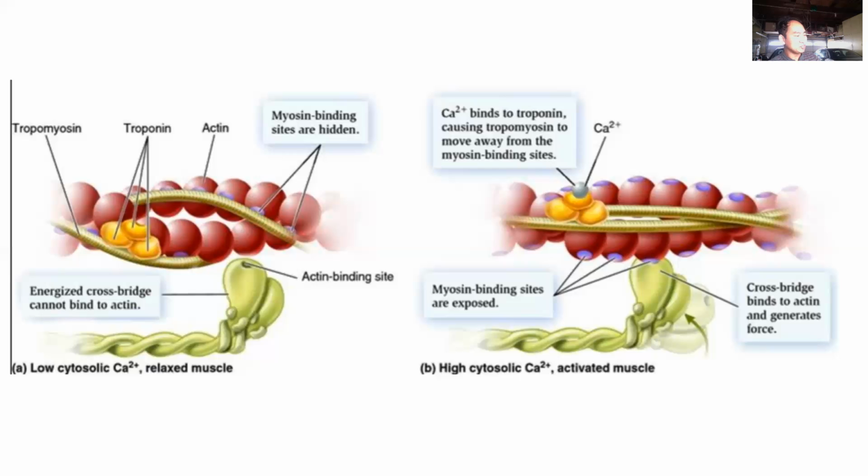By moving, it exposes the myosin binding site on the actin. By that time, the myosin will be able to come and attach to actin. So with repeated attachment and relaxation, the muscle will contract. This process needs energy, which is ATP.